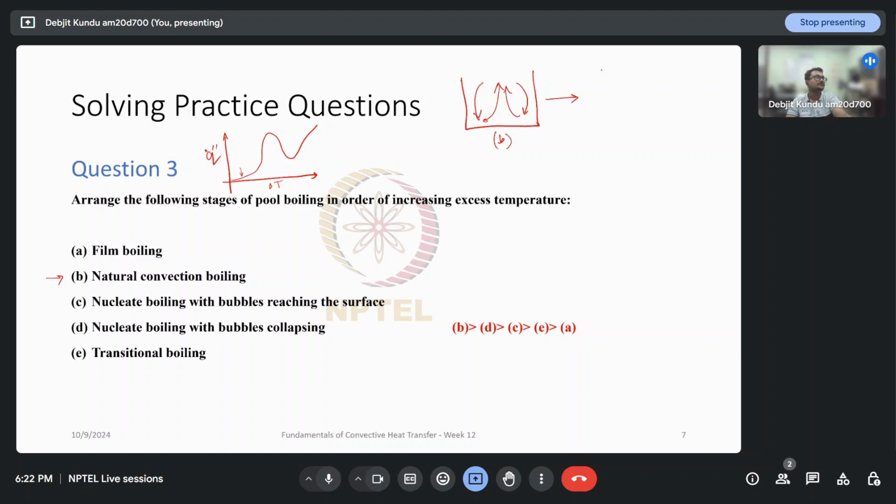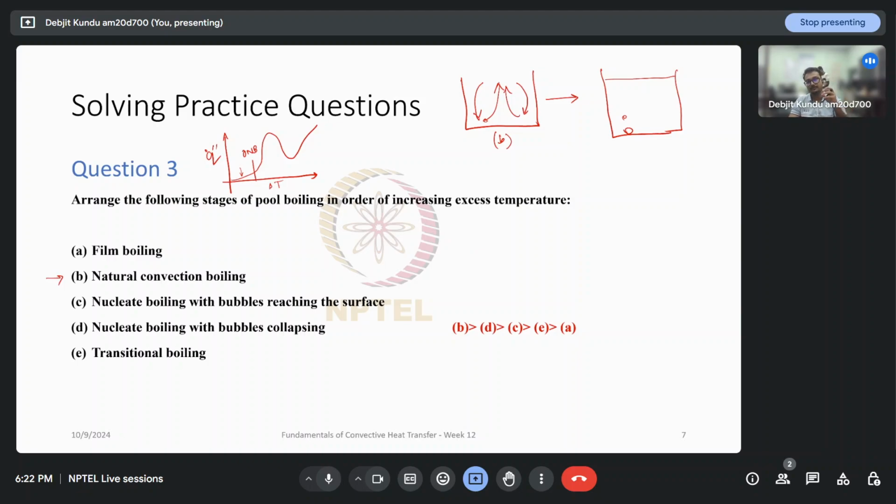Then we will move into bubbles forming. We saw the onset of bubble boiling over here, right? Now bubbles will form, but since the rest of the liquid is at a temperature lower than the saturation temperature, these bubbles will collapse as well.